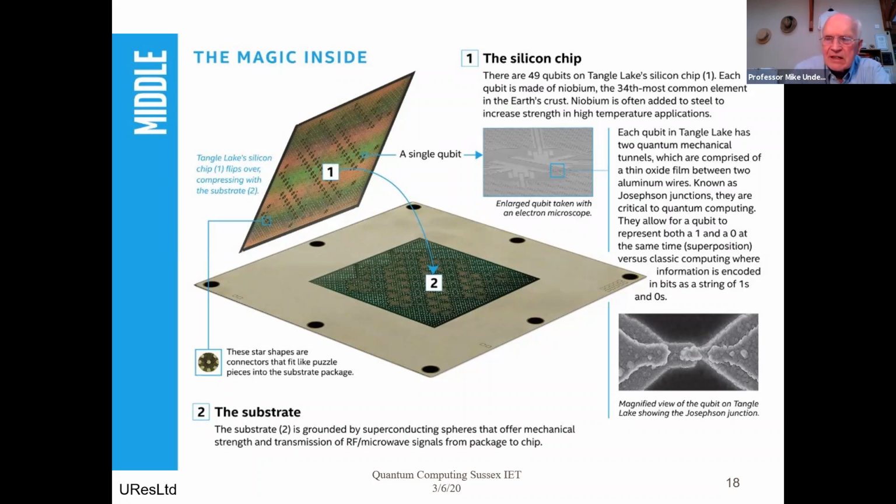Interesting point down here on the bottom right hand corner, the qubit on Tangle Lake showing the Josephson junction. Now this is a means of measuring the magnetic field of the spin of a qubit and converting it to a frequency which can be measured. So this particular chip, and lots of them, use this thing called the Josephson junction to do the readout.